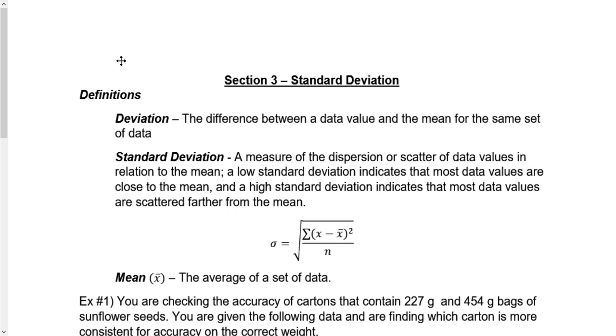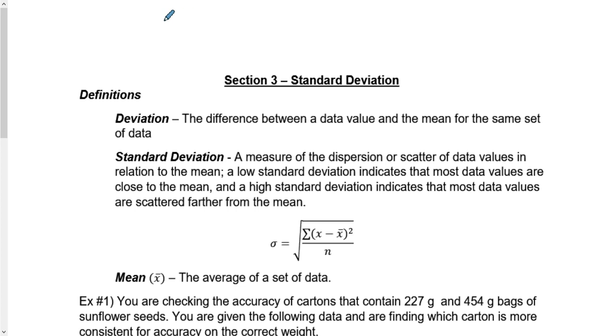Standard deviation is going to be talking about some deviation in some different data. So for example, by definition, a deviation is the difference between a data value and the mean for the same data set.